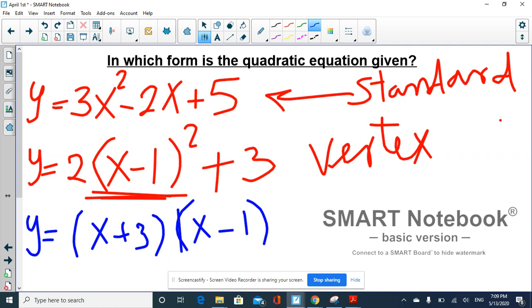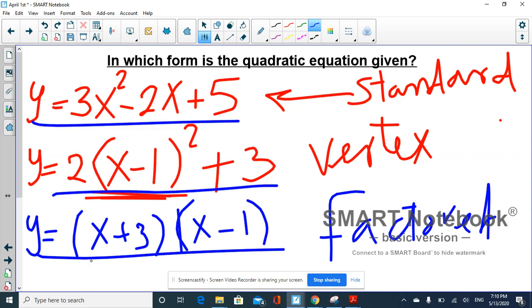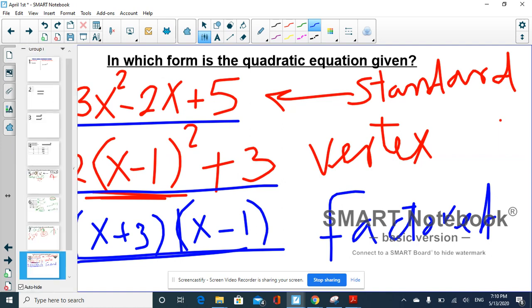This is factor form. We have 2 factors, so we call it factor form. So you have 3 forms. You will find one of them in your quiz, and you have to say whether it's standard form, vertex form, or factor form. Okay, study these 3 forms for the quadratic function.